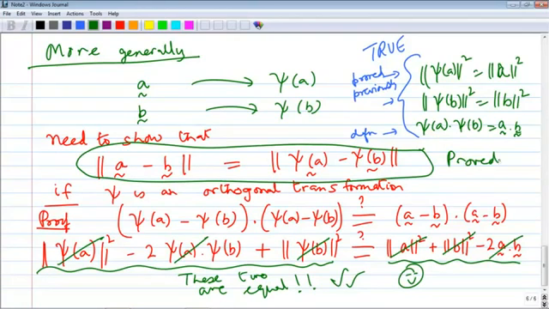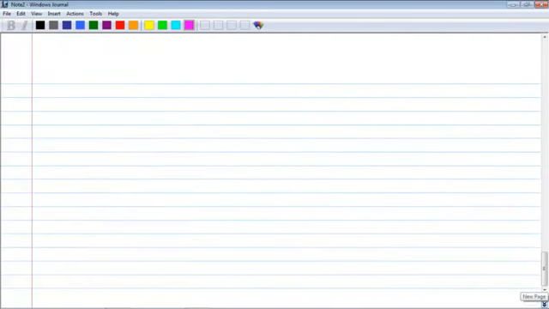Okay, but what does this mean? What this means is that therefore psi is a rigid body motion. So let me summarize the result.